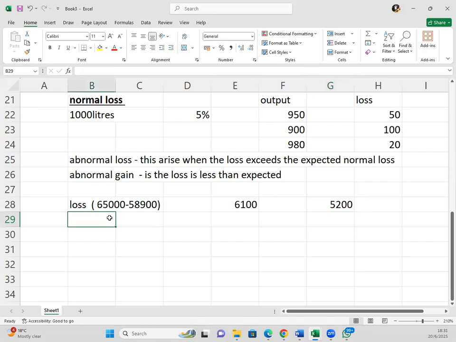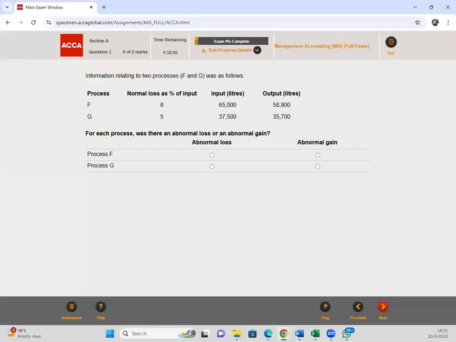Then let's again test the second one. The first one is abnormal because you lost more than what you expected. Let's look at the second one.